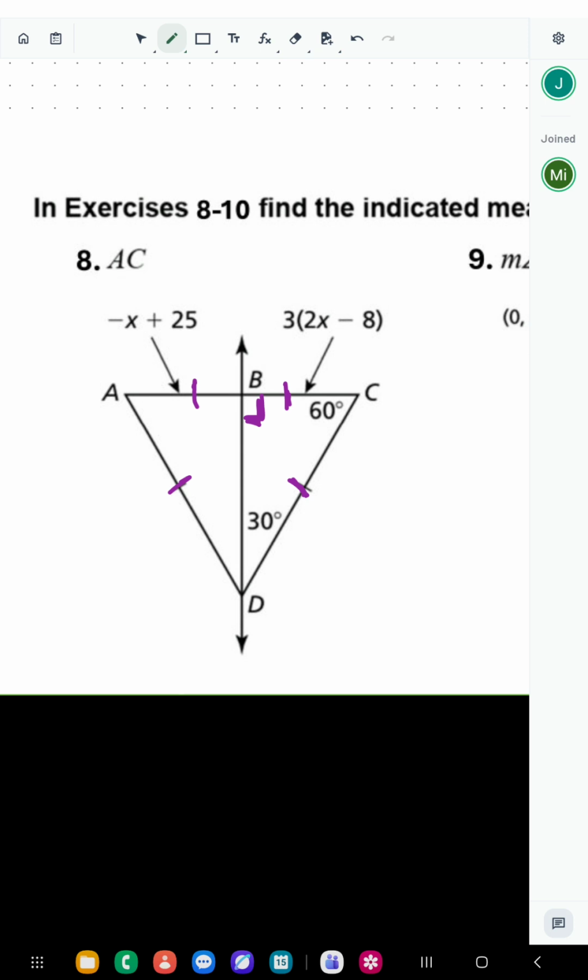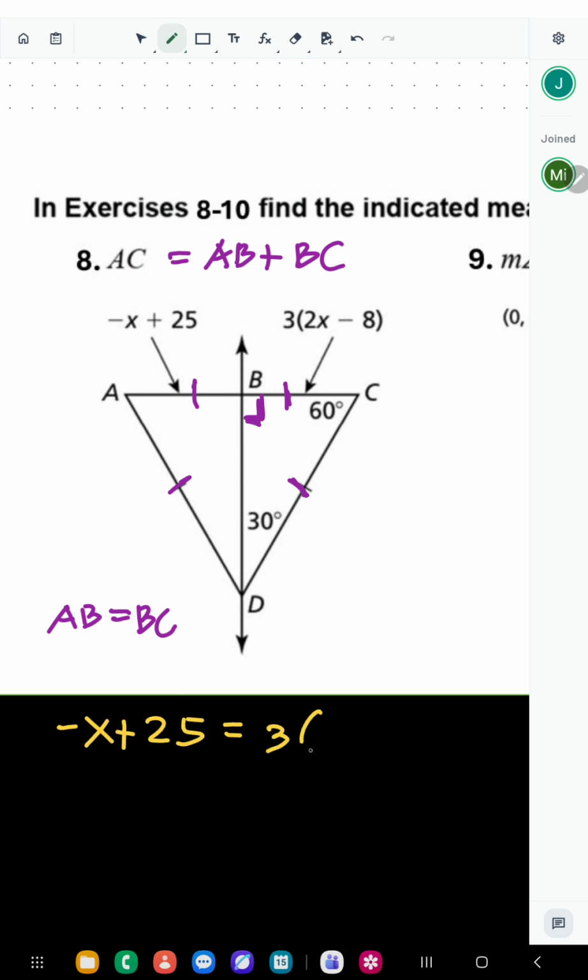Okay, then we can just equate them. AC is equal to AB plus BC. But we need to solve for x first. AB is equal to BC. So we just equate: negative x plus 25 equals 3 times (2x minus 8).